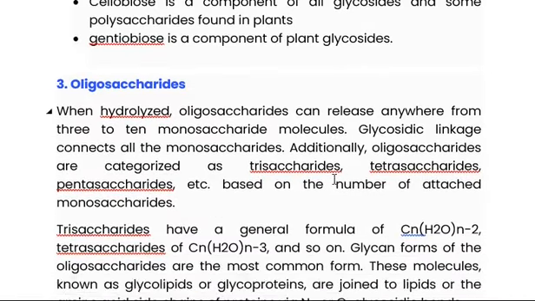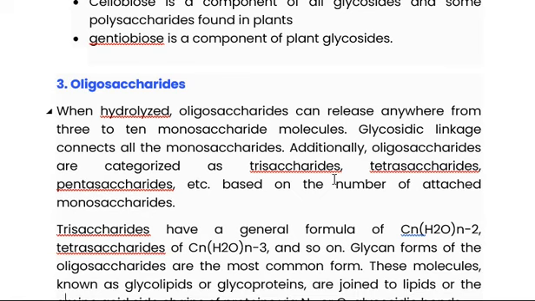We'll move on to the third carbohydrate, which is oligosaccharides. When hydrolyzed, oligosaccharides can release anywhere from 3 to 10 monosaccharide molecules. Glycosidic linkage connects all the monosaccharides together.